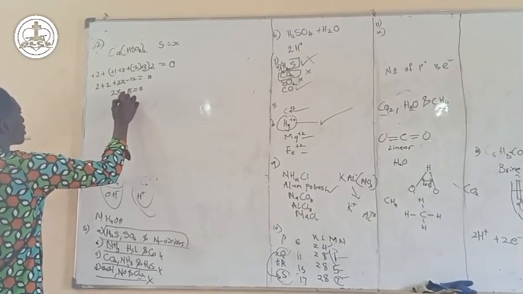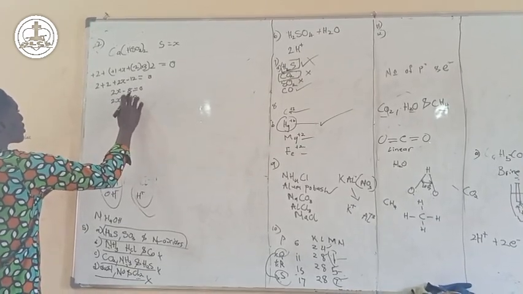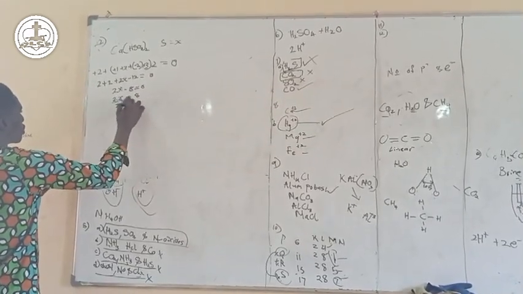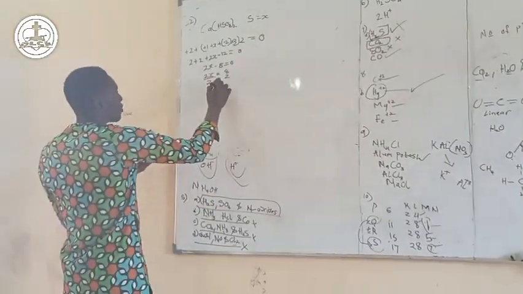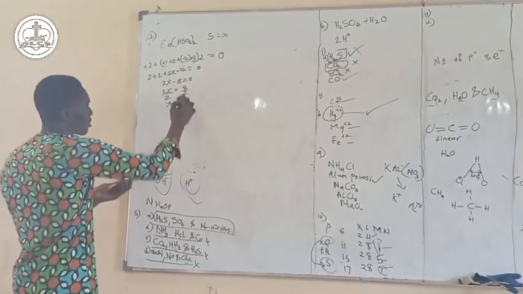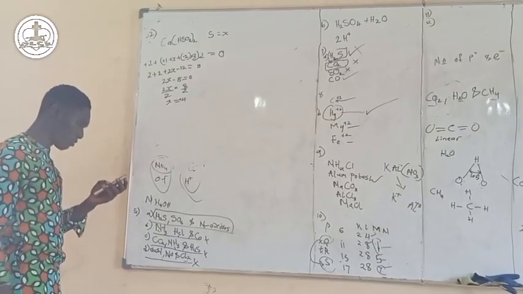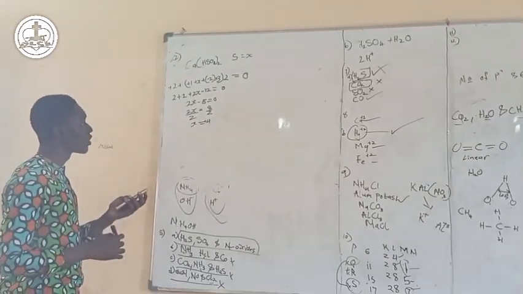So 2x equals 8, dividing both sides by 2, X, which is the oxidation number of sulfur, is equal to plus 4. So the right option there is C, plus 4.